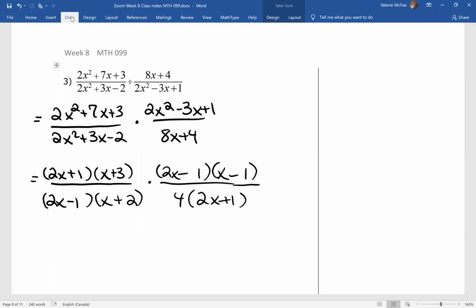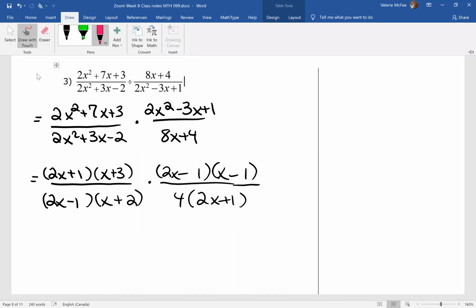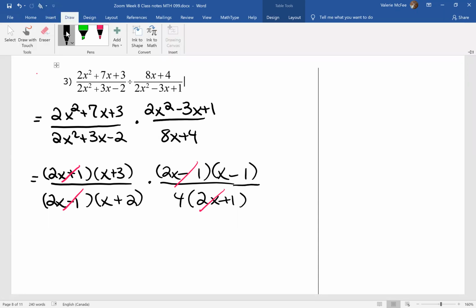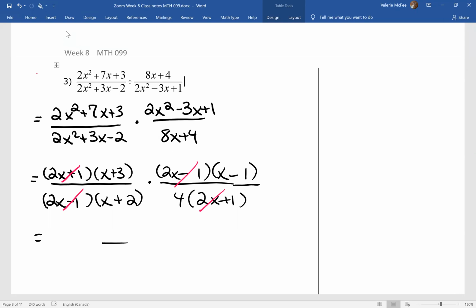So we changed this to multiplication by the reciprocal and then factored every part of the question. We see that 2x plus 1 is a common factor. 2x minus 1 is a common factor. In the numerator, we have x plus 3 times x minus 1.